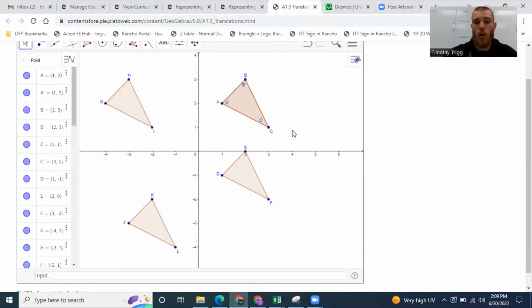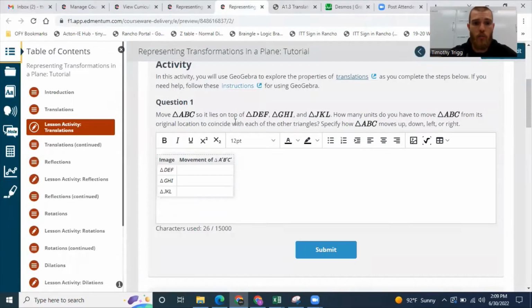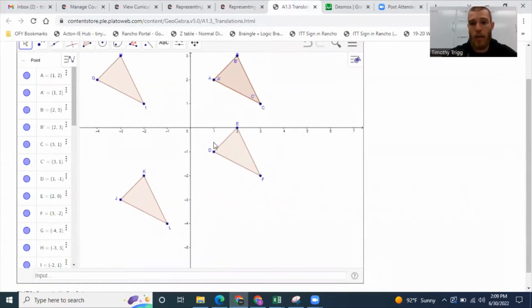So this triangle ABC is our starting triangle. Now what we want to do is we want to translate it or shift it so that it coincides or lands up on top of each of the other triangles. So the first one we want to talk about is going from triangle ABC to triangle DEF. So where's triangle DEF? Well, that's one right here below.